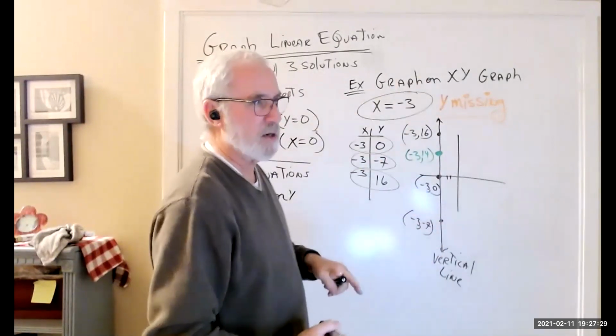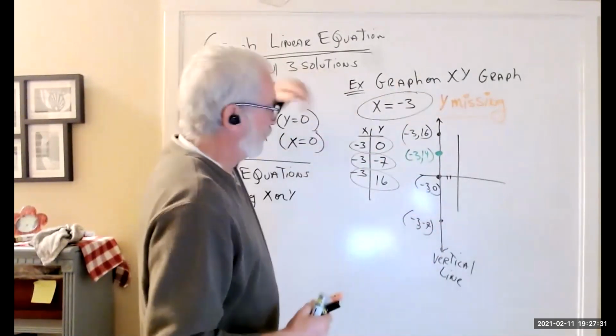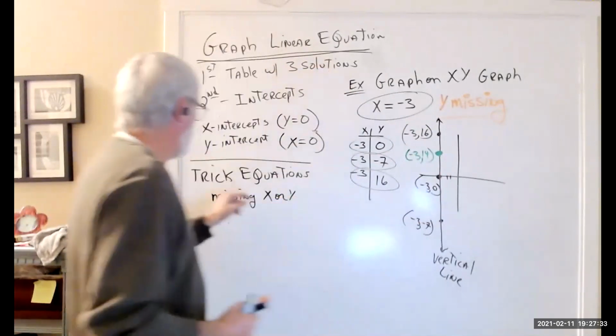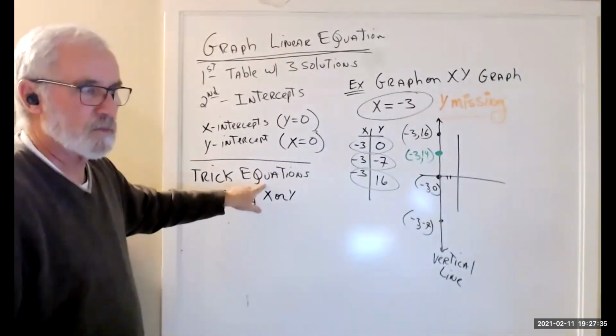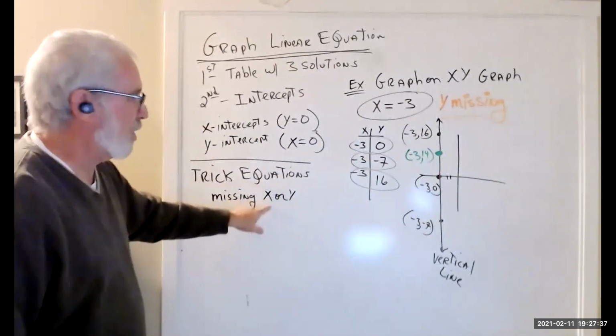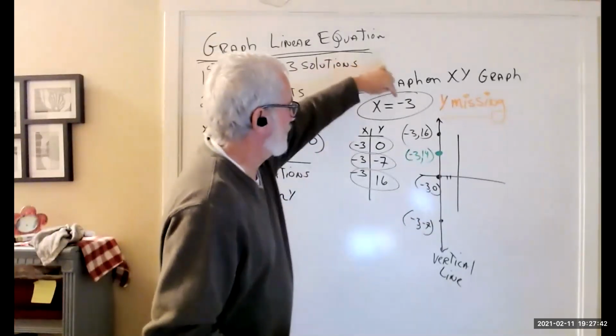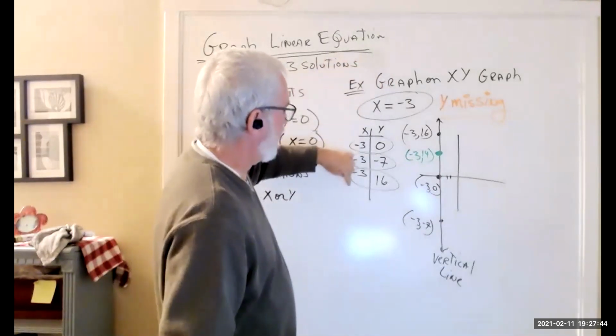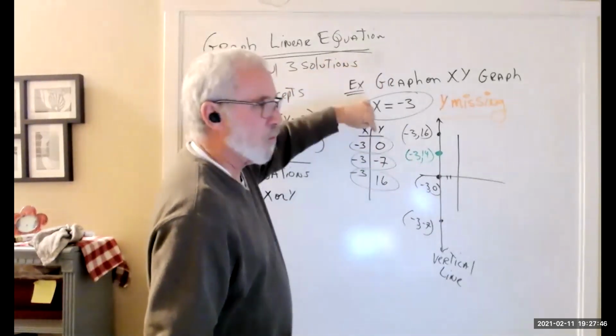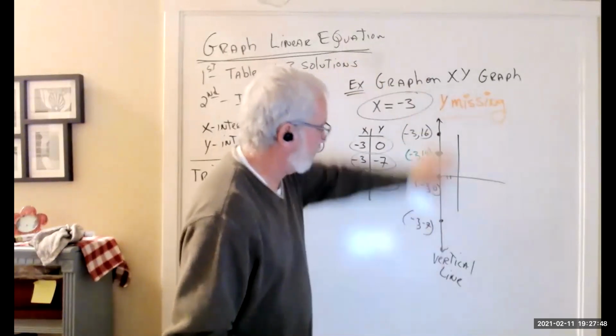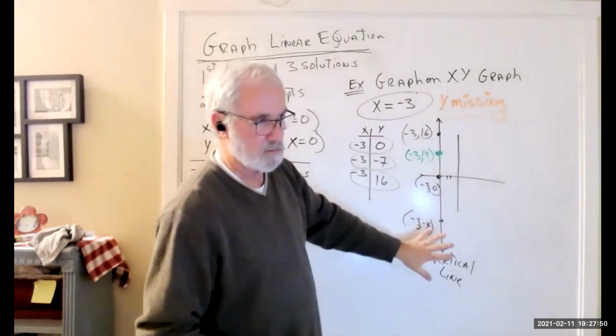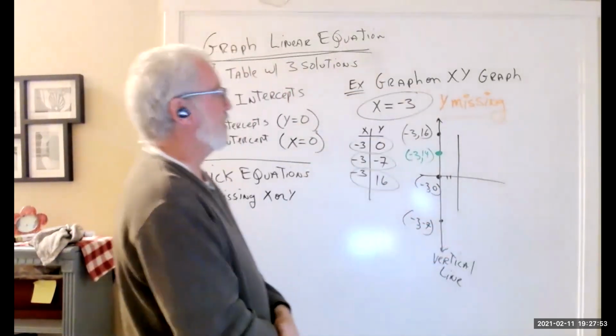That's what that's saying. So anyway, this is an example of what I call trick equations. Either the X or the Y is missing. So when it's X equals -3, X is locked in at -3, Y is anything you want. You plot those ordered pairs and you're going to get a vertical line. Is that okay with everybody?